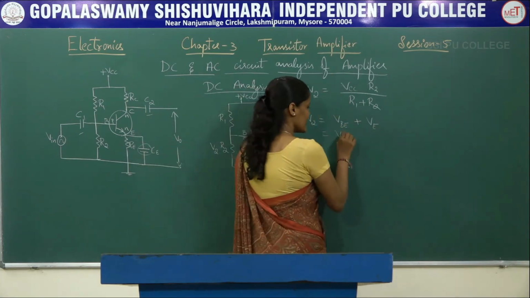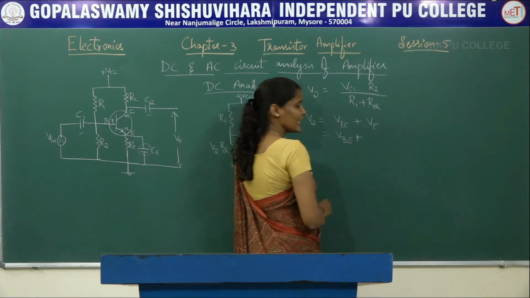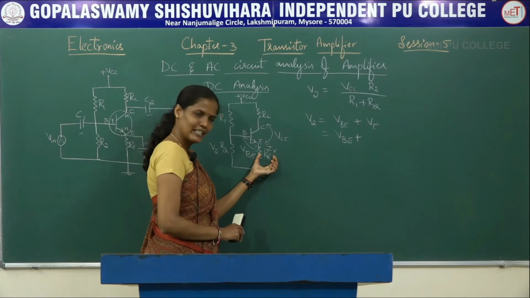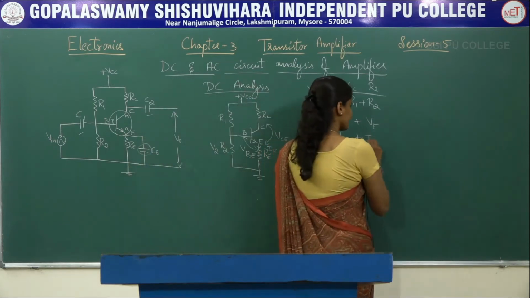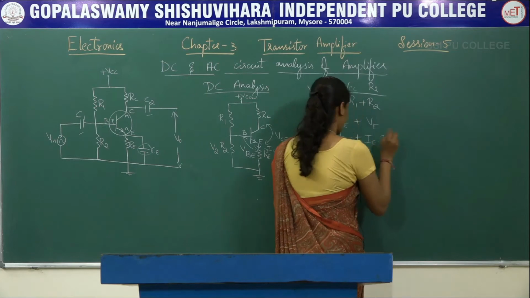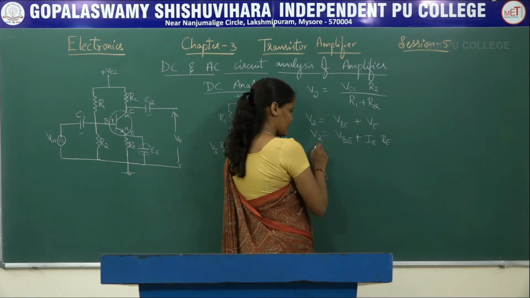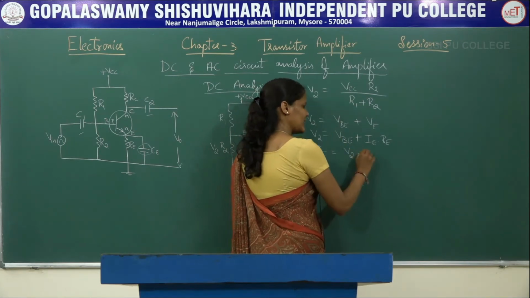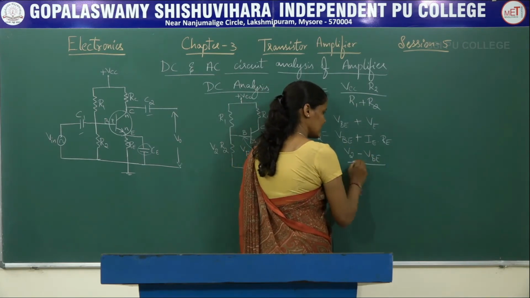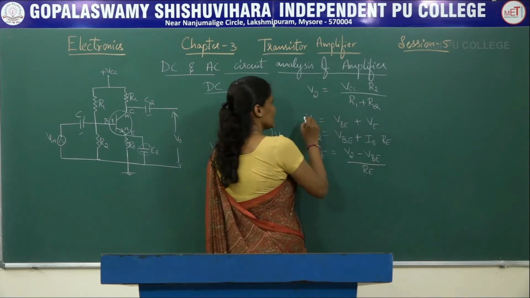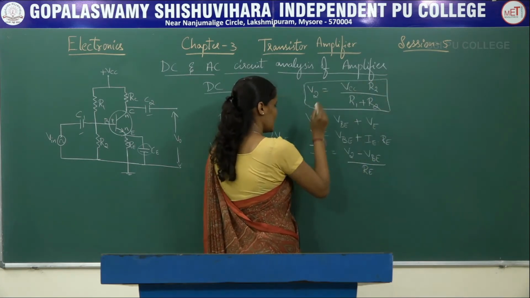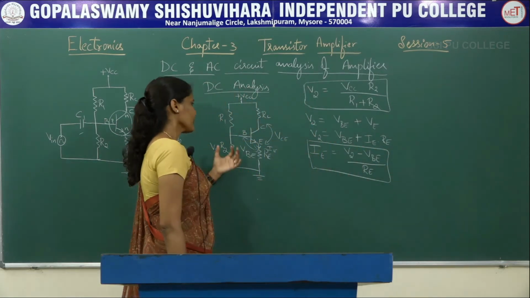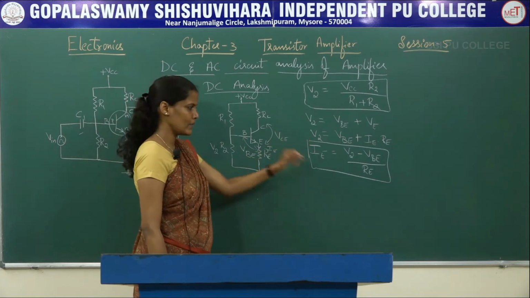To measure VE, it is the current flowing through that resistor into its resistance value, that is IE into RE. So IE is equal to V2 minus VBE divided by RE. So this is one formula and this is another formula.